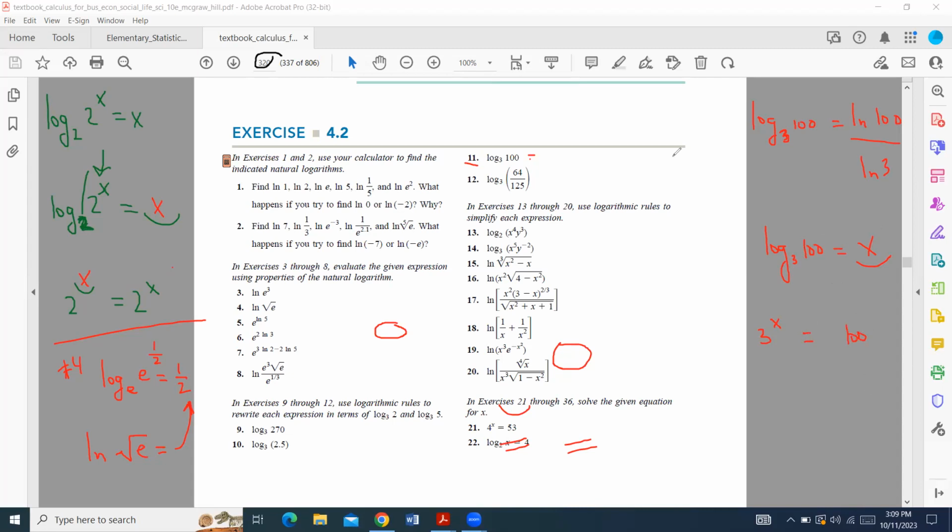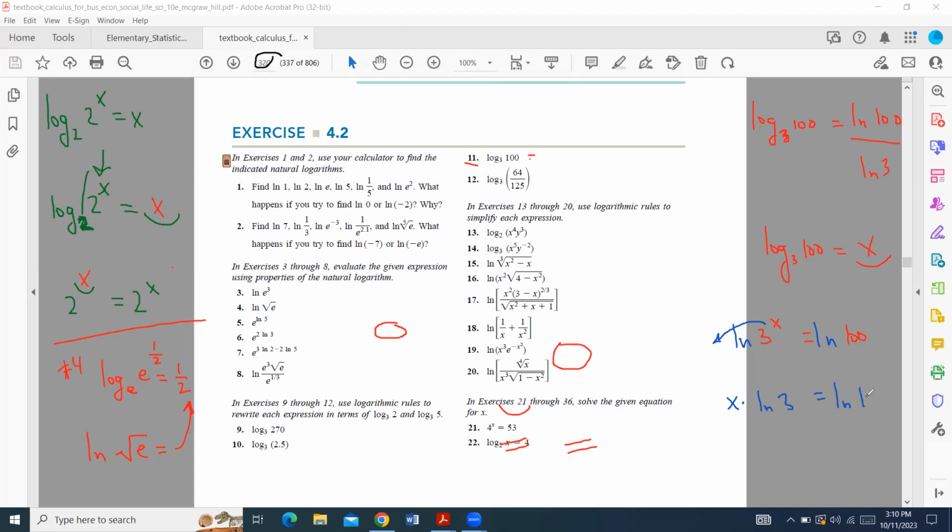The next step is to apply ln on both sides. If you do the same thing on both sides of your equation, it's still the same. It's not going to change. And now there is a special rule called the power rule for logarithms that will bring the exponent in front. So it'll be x times ln of 3 is equal to ln of 100.